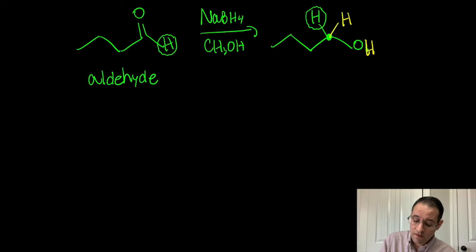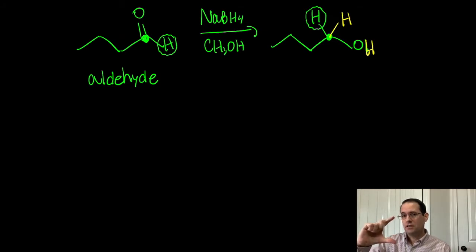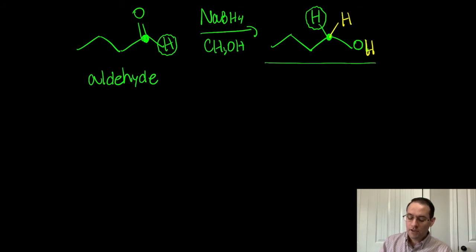And so here's the hydrogen attached to that carbon. And we're adding 2 hydrogen atoms across the carbon-oxygen pi bond. One of the hydrogens goes to the carbon, one of the hydrogens goes to the oxygen. And I've highlighted those in yellow so you can see where those are. And if you look at this molecule, you can see that it's a primary alcohol, okay? So aldehydes form primary alcohols, whereas the ketones form secondary alcohols.